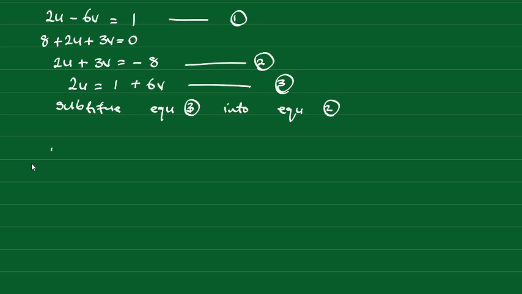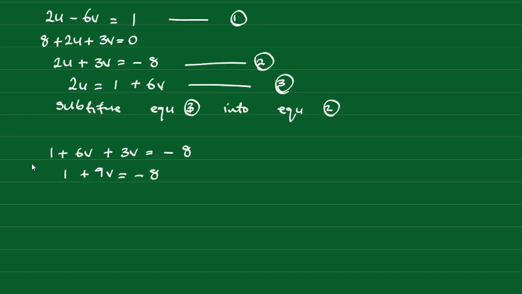We end up having 1 plus 6v, taking the place of 2u, plus 3v equal to minus 8. Now, having done this, 1 plus 6v plus 3v gives us 1 plus 9v, which is equal to minus 8.